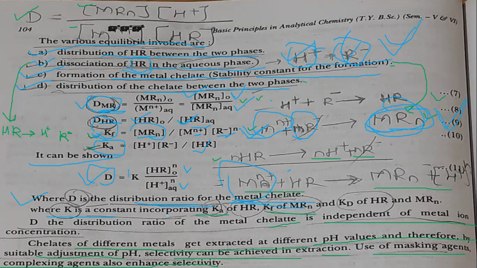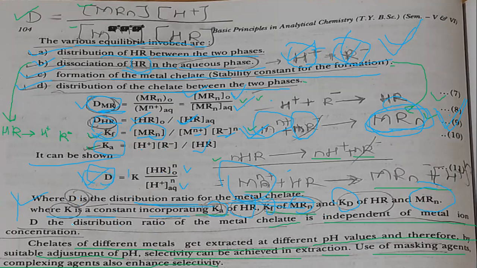K is a constant incorporating Ka of HR and Kf of MRN, and Kd of HR and Kd of MRN. Now see, don't get too confused over here. Okay, up to this, that is enough.